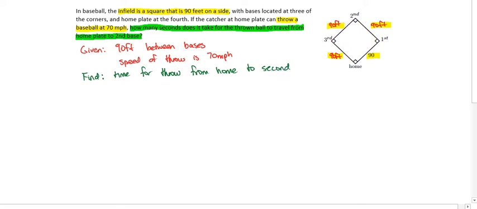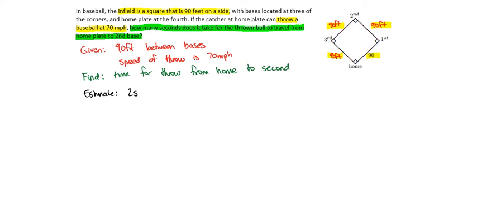I've watched some baseball on TV, so I think that it will take about 2 seconds. So I'm estimating that for the ball to get from home to second, catcher throws it, I can imagine counting to 2 as it goes from home to second, so I'm going to say about 2 seconds. Seems reasonable to me.